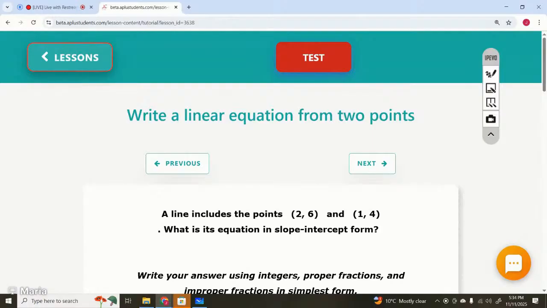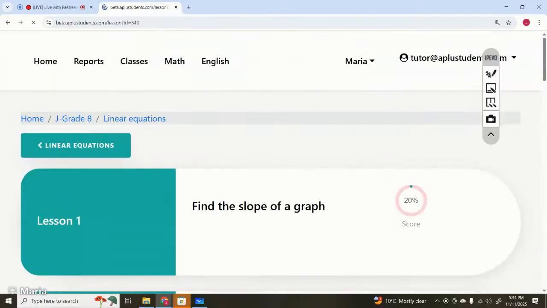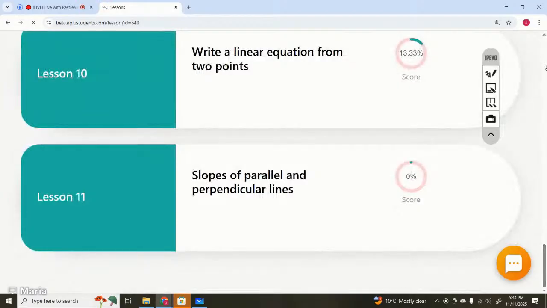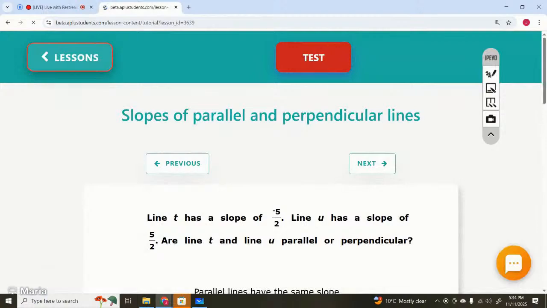The next lesson is slopes of parallel and perpendicular lines.